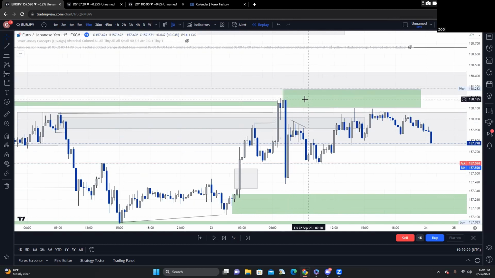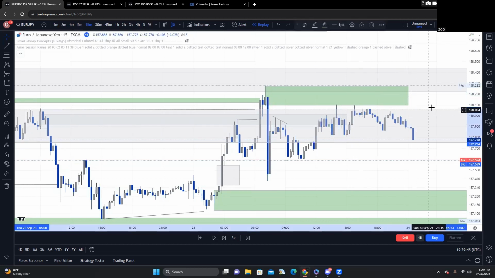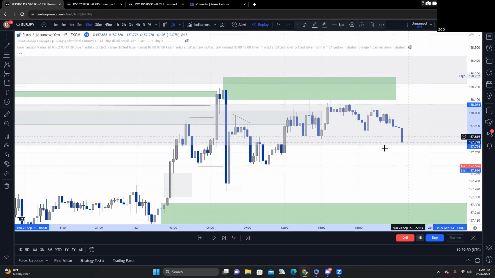Why do we have this demand area? This supply area, sorry. We have this other block here. Why? Because we broke this low here, causing a change of character. We have liquidity resting here, forms of equal highs. We have this liquidity taking, and then you can see that price actually tapped into our trade.